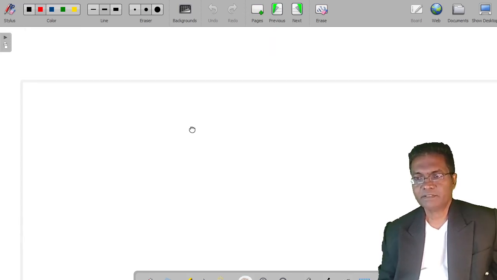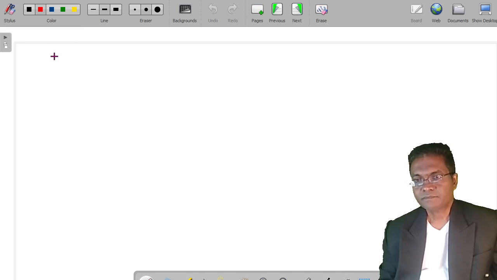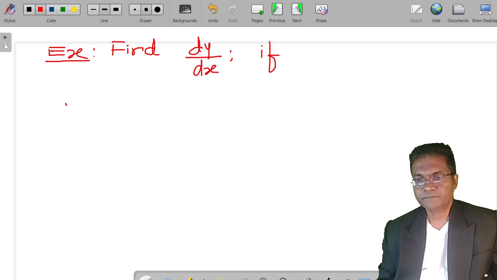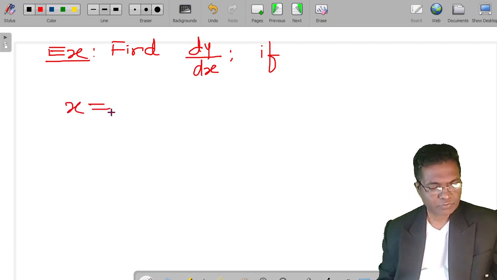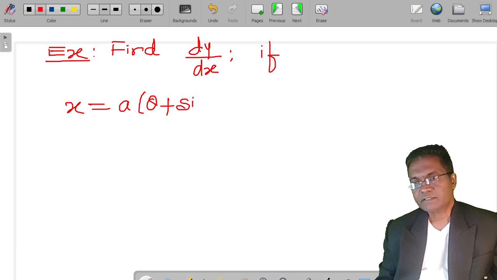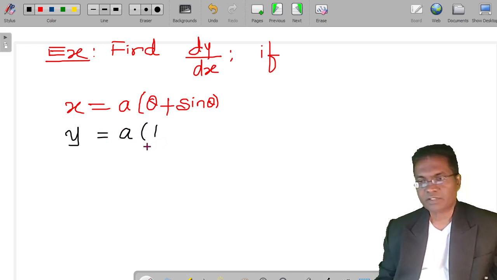So I have one more example. Find dy by dx if x equals a into theta plus sine theta and y equals a into 1 minus cos theta.